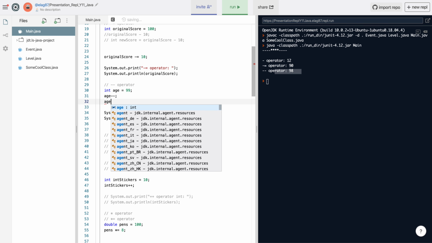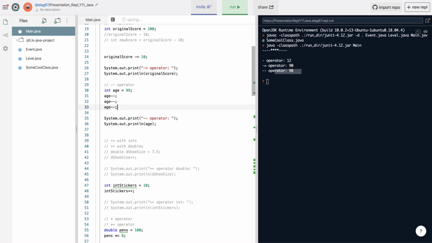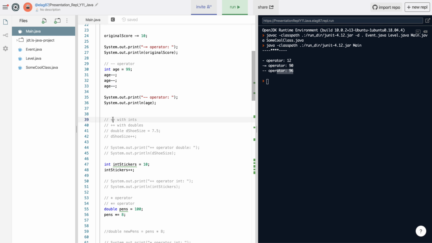Now, if I did that many times, it would continue to decrease that variable by 1 every time. So it would be 98, 97, 96, and then it printed out 96 over here. Now you could do the same operation if you wanted to increase a number.